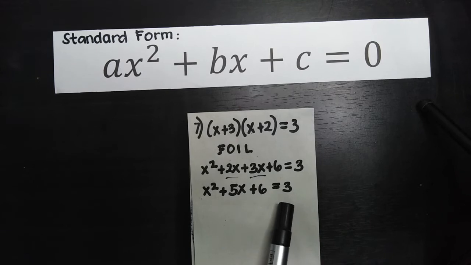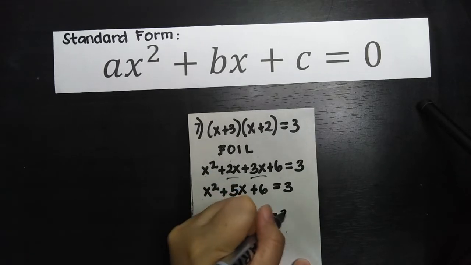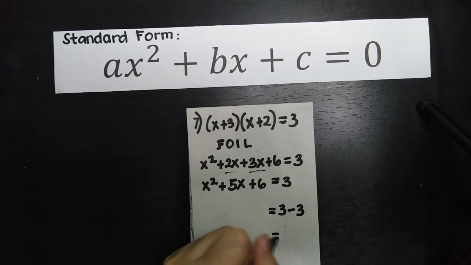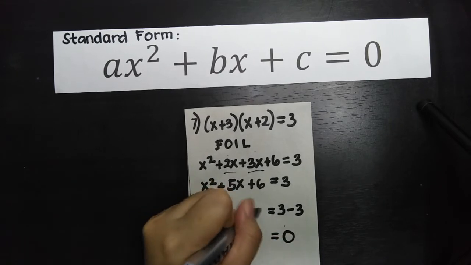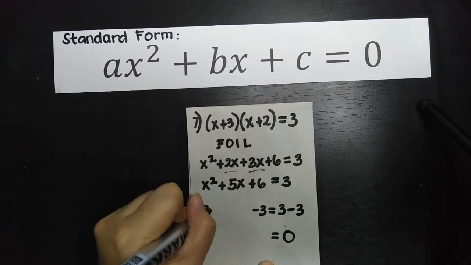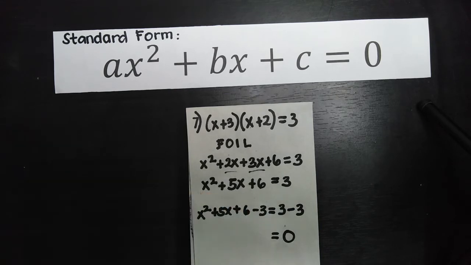So, merong 3 tayo dito. So, gagawin natin ulit yung ginawa natin previously. So, since 3 yan, we will also subtract 3. Okay? To make it equal to 0. And then, magsasubtract din tayo dito ng 3. So, we will just copy x squared plus 5x plus 6.